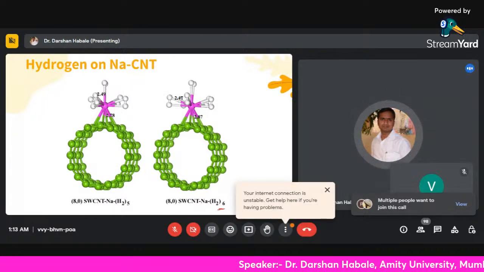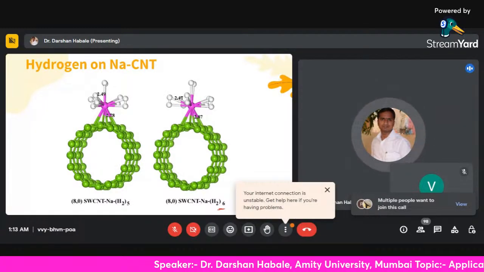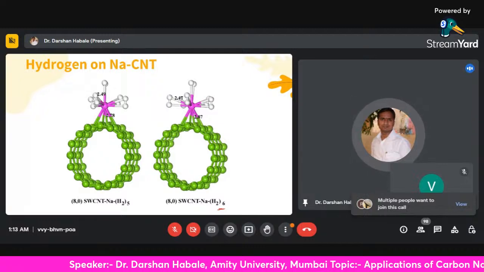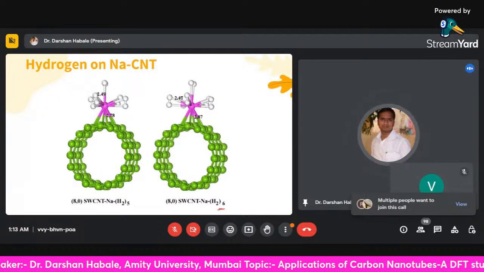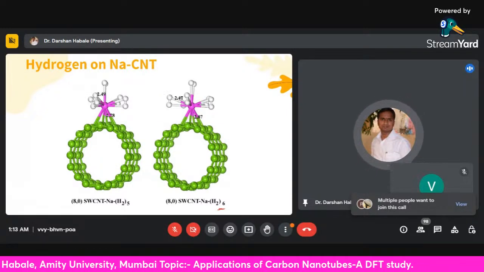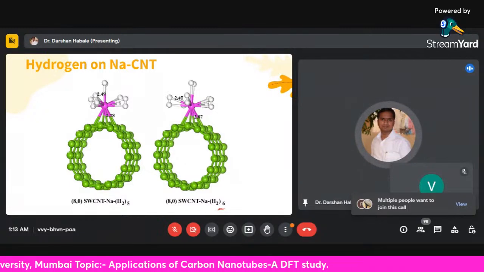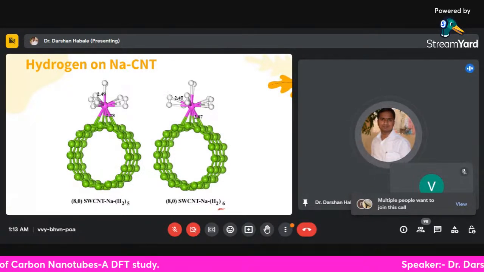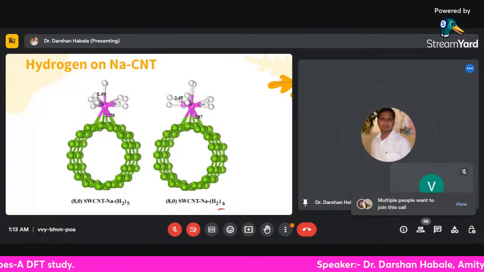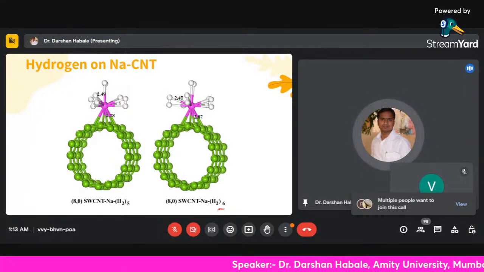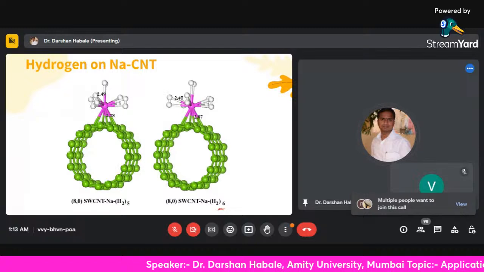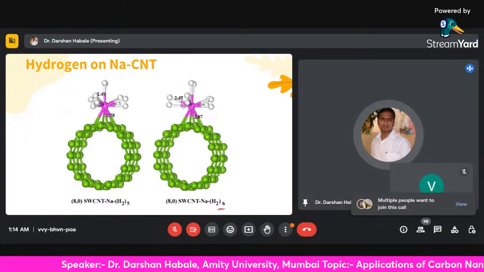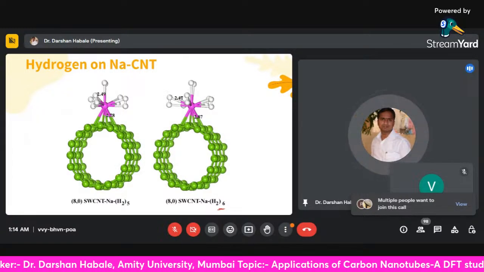Here a maximum of 6 hydrogen molecules can easily be adsorbed on this sodium attached carbon nanotube, with the bond length between hydrogen and sodium varying from around 2.4 to 2.3, and the bond length between sodium and carbon around 2.8, 2.7. We already discussed that in earlier PPTs. So this is the structure we have. Now what is the diameter of this?